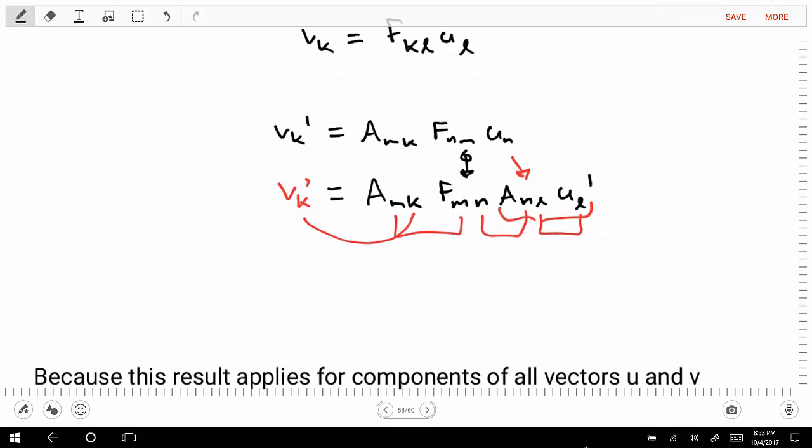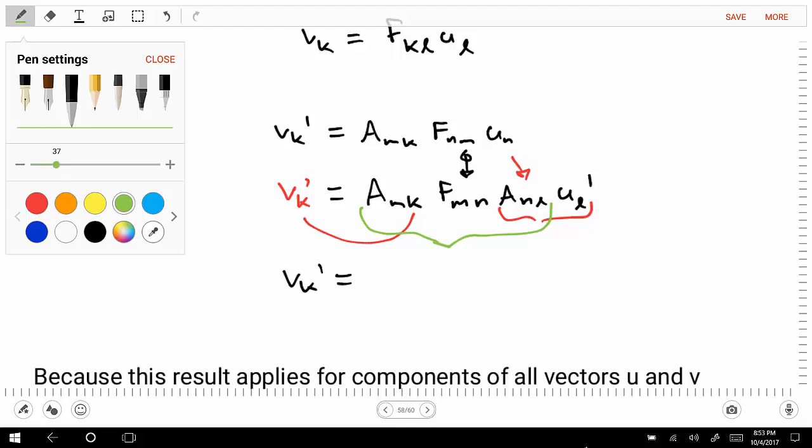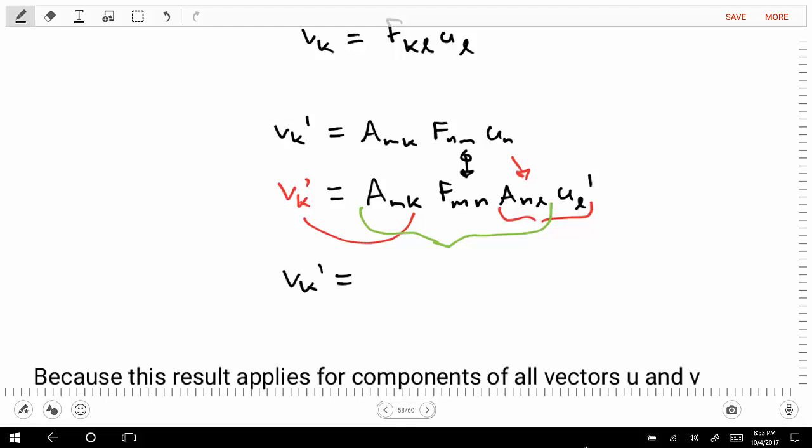If we can do so with these rearranged indices, we can then state that our V K prime, if we pull out our transformation tensors as they relate to our original tensor, is our transformed tensor f prime times our transformed input vector u.